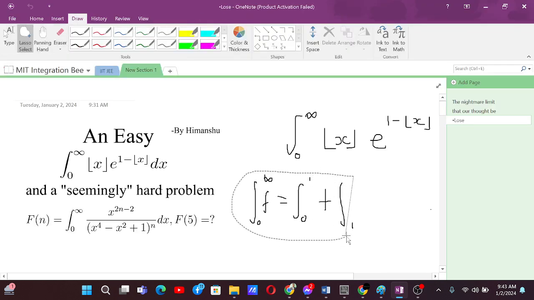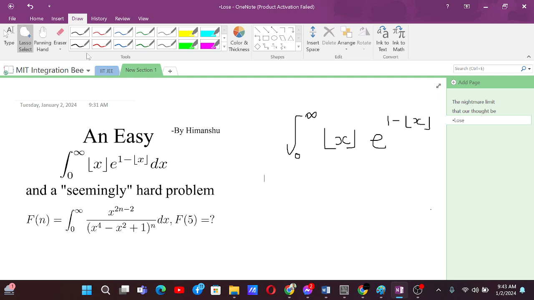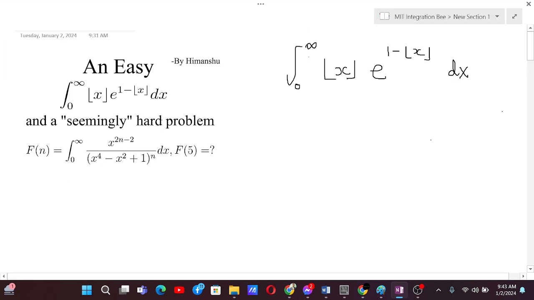First of all, let me delete this. Okay, fine. Now this can be written as the sum from i equals 0 to infinity of the integral from i to i plus 1, and for the values between i and i plus 1, floor of x will be i itself.